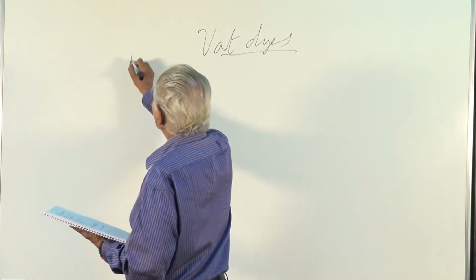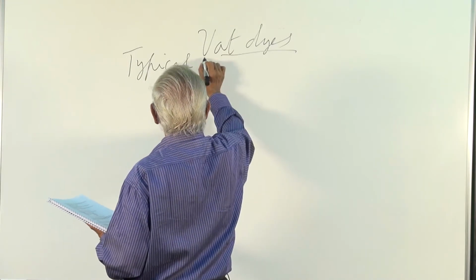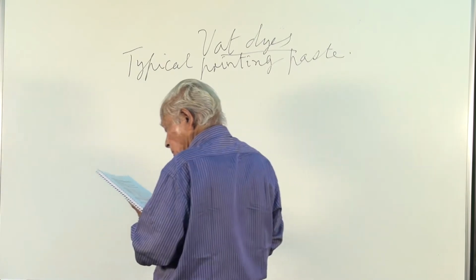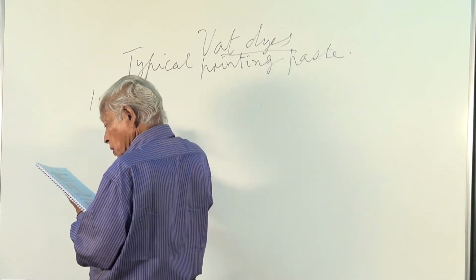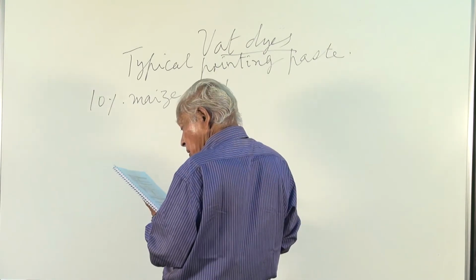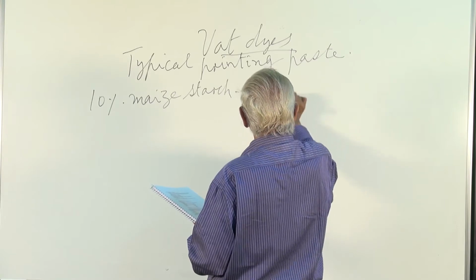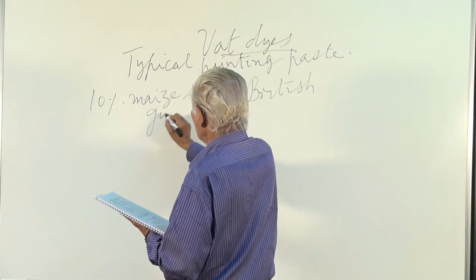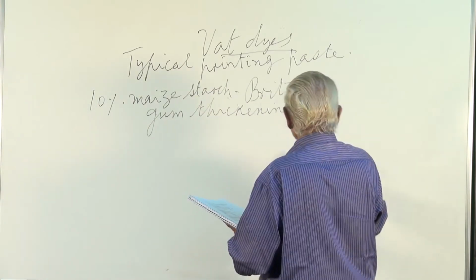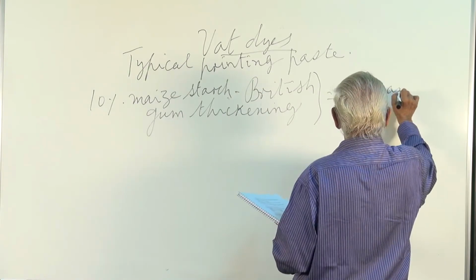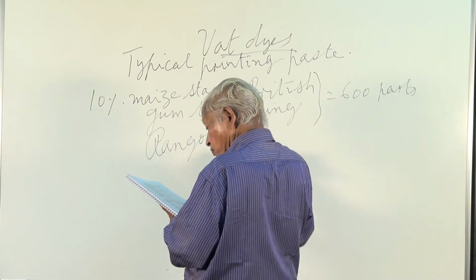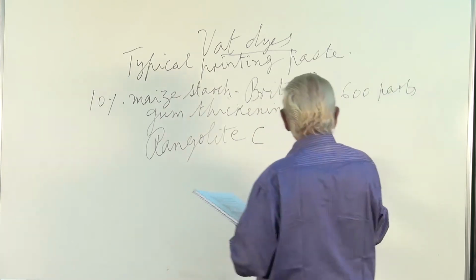Now let us have a look at the typical printing paste. 10% maize starch, British gum thickening, 600 parts. Rangolite C, 200 parts.